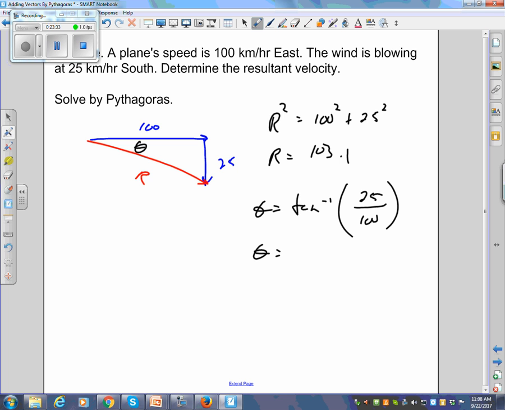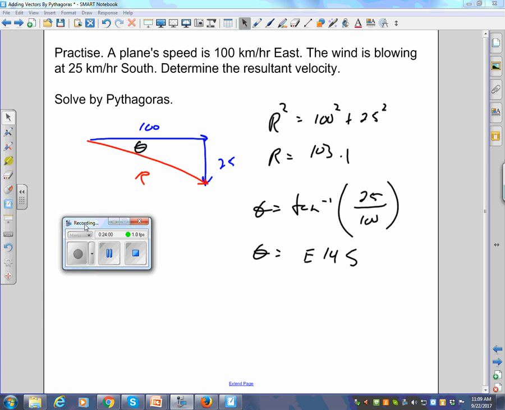If you're having trouble with your calculator, call me over. I'll show you how to do it. And the angle here is 14. So that's going to be east, 14 south.